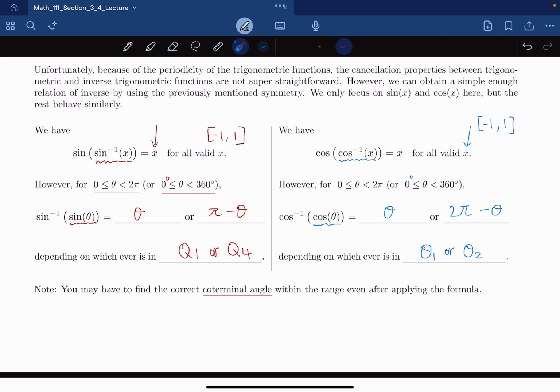And then afterwards, that result might still be outside of the range from 0 to 360, in which case you apply coterminal angle one more time to bring it back into the right place. Just make sure you double check that it is in the appropriate quadrants. I'll let you try that on your own here, but this is really not a hard thing for you to check.